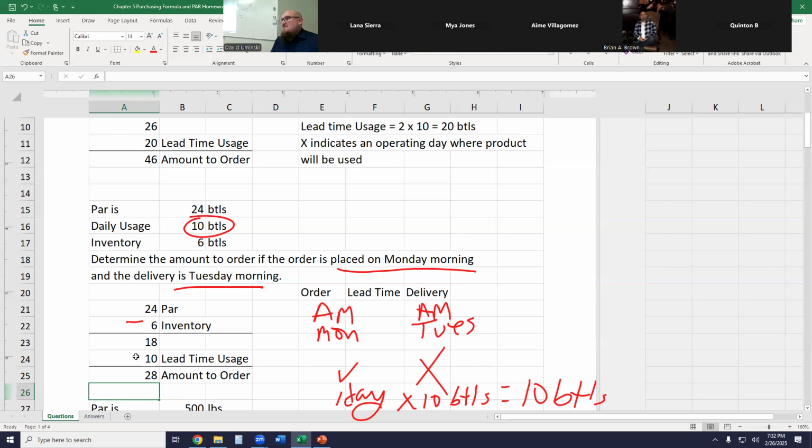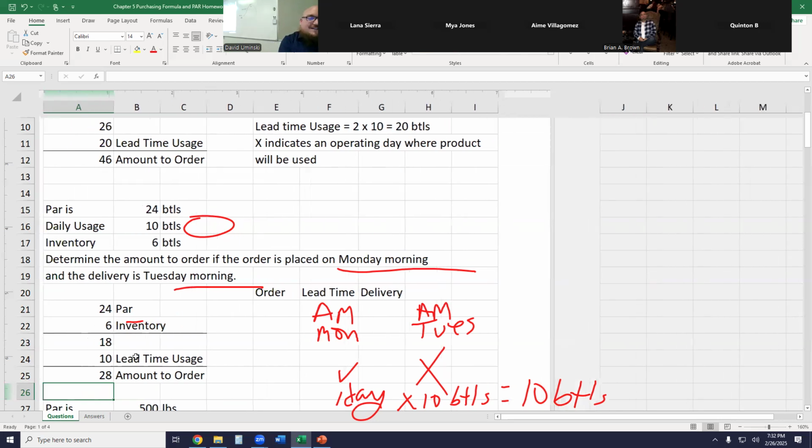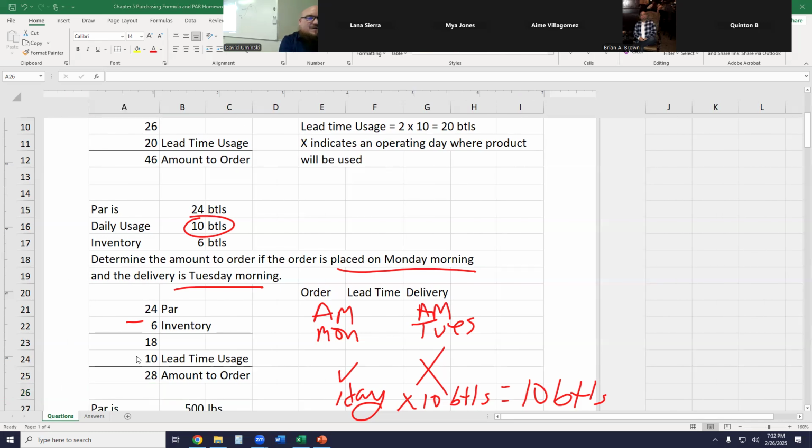Why am I ordering more than my par? Because we still have to have a day of service. Right, so I'm ordering more than my par because I only have 6 in inventory and my daily usage is 10, which means I'm already short. So this is a perfect example of mathematically, you would order 28.